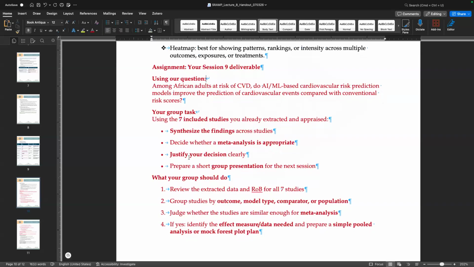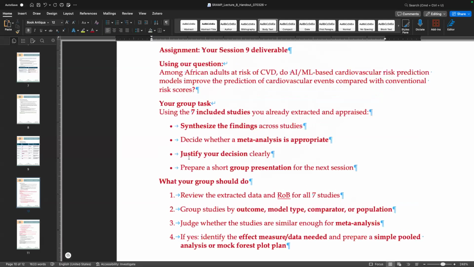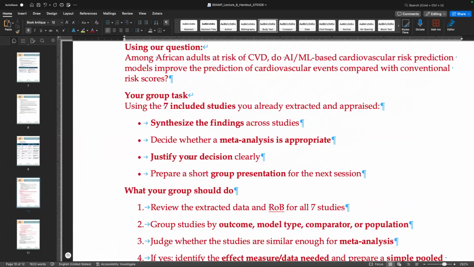So the assignment is saying, using our question: among African adults at risk of cardiovascular disease, do AI or machine learning based cardiovascular risk prediction models improve the prediction of cardiovascular events compared with conventional risk scores? Your group, using the seven included studies that were extracted and appraised, will synthesize the findings across studies, decide whether a meta-analysis is appropriate, justify the decision clearly, and prepare a presentation for the next session.